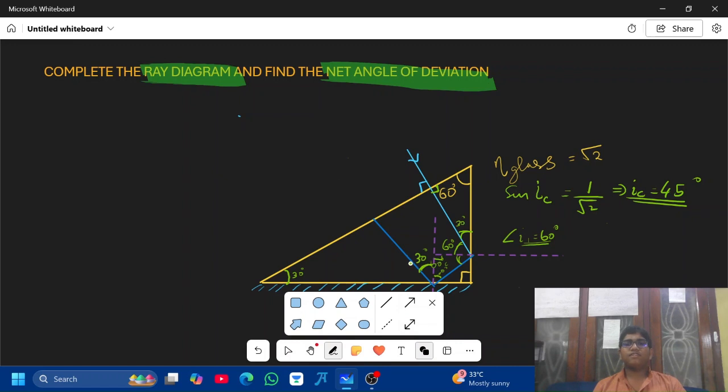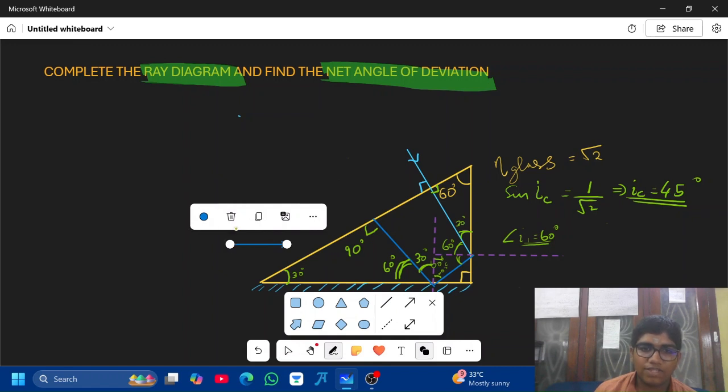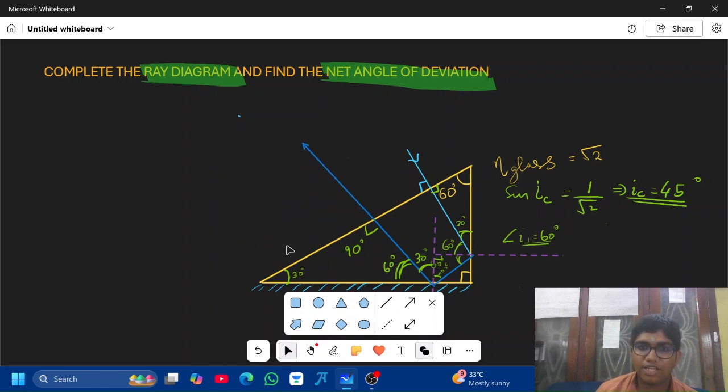If this is 30 degrees, the glancing angle here must be 60 degrees, because this is the normal. So it is a known fact that this is 90 degrees. And if this is 90 degrees, we get the condition for normal incidence, which implies the light ray will pass straight through without any deviation from its original path, and hence the light ray comes out like this from inside the prism.